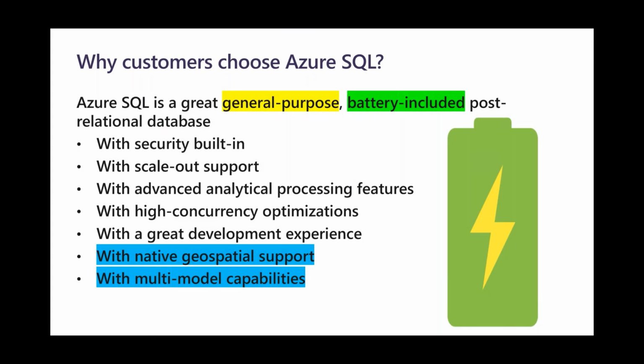So what we mean by multi-model support and what different models we can support in Azure SQL Database. And when I say Azure SQL, generally I mean the PaaS platform, but there are subtle variances between the PaaS platforms themselves. So for example, Azure SQL DB versus SQL Managed Instance.